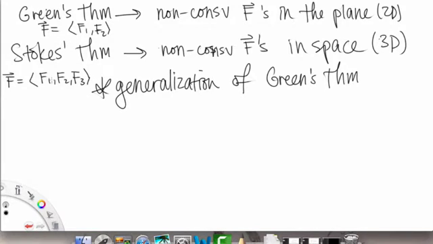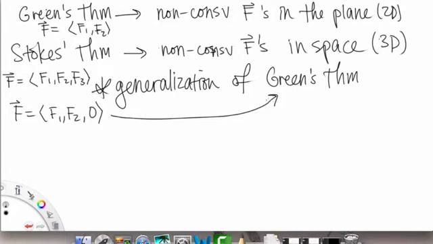So Green's theorem is basically Stokes' theorem, but with a special vector field that has only F1, F2, and 0 as its last component. So this specific case is what leads you to Green's theorem. But Stokes' theorem is a more general form, so your F sub 3 can be something other than 0.